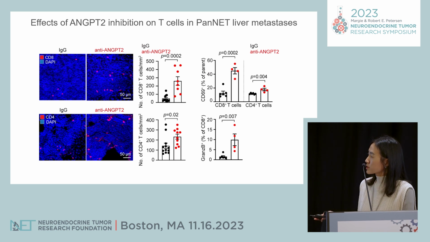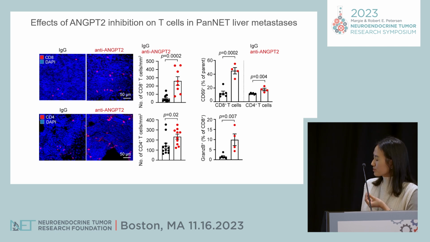We first looked at CD8 T cell density in the liver metastasis after blocking angiopoietin 2, and we found it significantly increased the number of T cells in the liver, for both CD8 and CD4 T cells. And interestingly, not only the density of T cells, but angiopoietin 2 inhibition also increased the frequency of activated CD69 positive and granzyme B positive T cells.